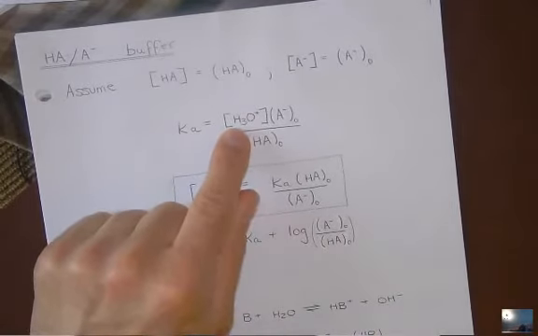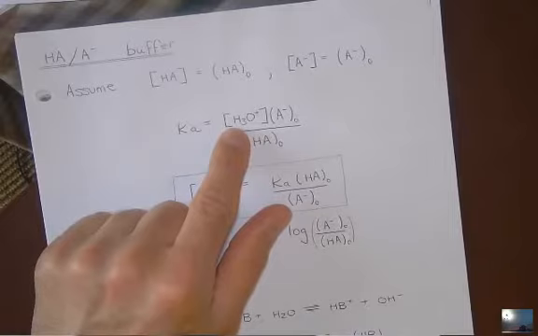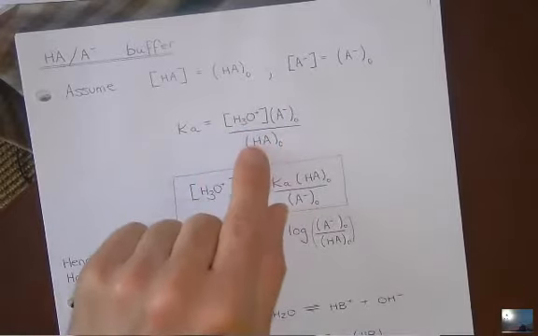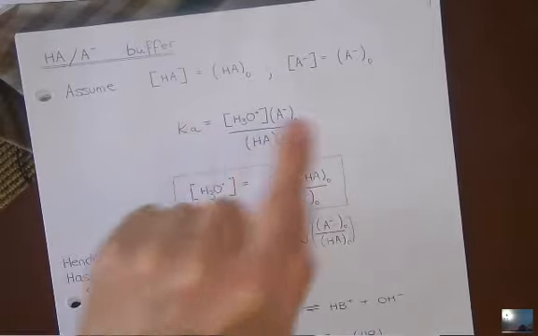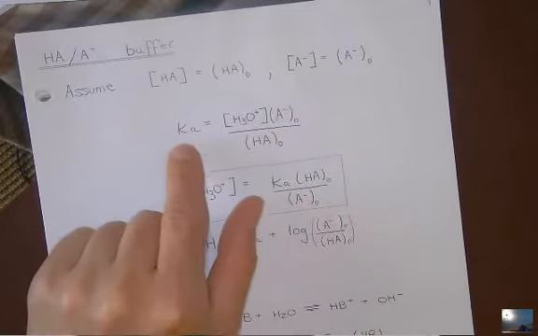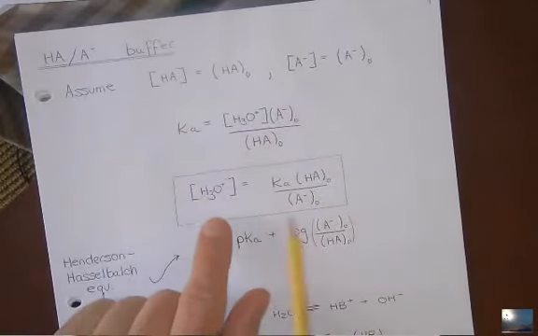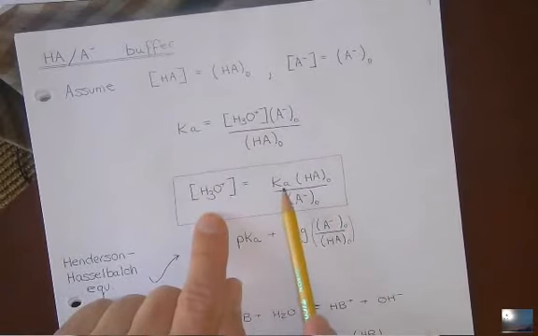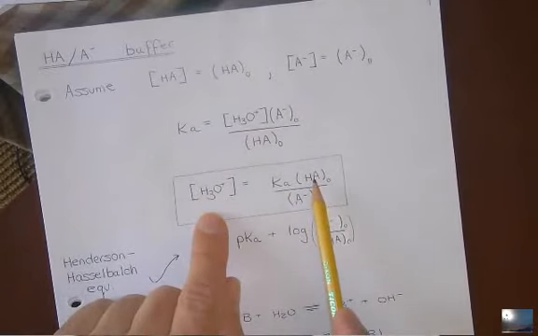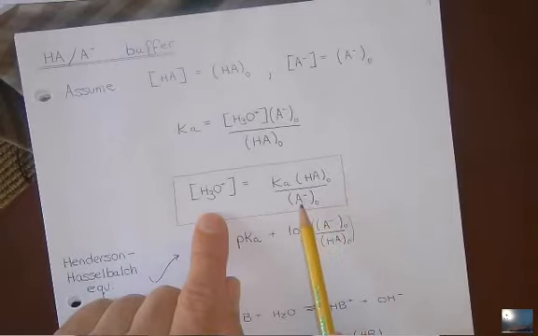Because we want pH, right? pH is really important to us. So if I solve this for hydronium, this guy's coming up here, and this guy is going down here. Good? So hydronium is equal to Ka times the initial concentration of the acid divided by the initial concentration of the base. This is after you do all the mixing.